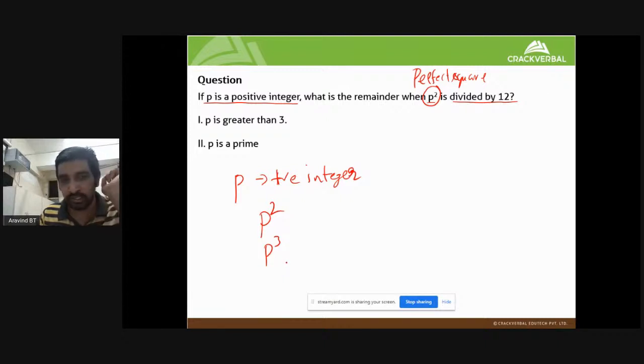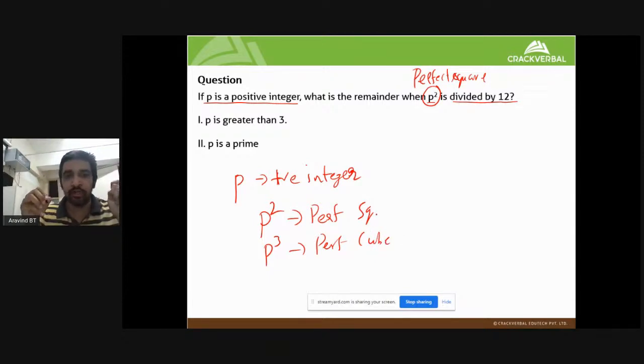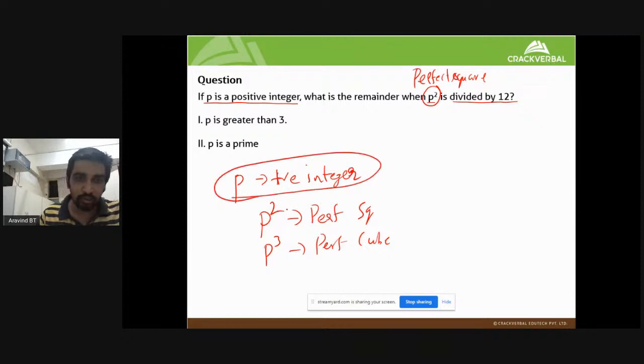By doing this, it expects you to infer that p square is a perfect square. Because remember, guys, p cube is a perfect cube. Remember, perfect squares and perfect cubes are squares and cubes of integers, right? So when a GMAT question gives you this element and one of these elements in the same question, it expects you to infer what I told you to infer.